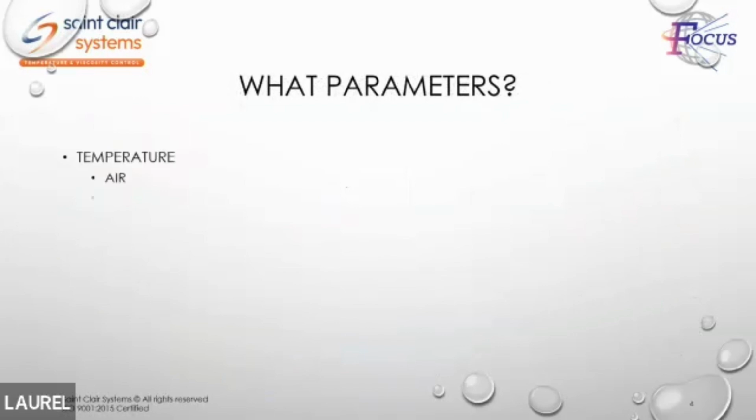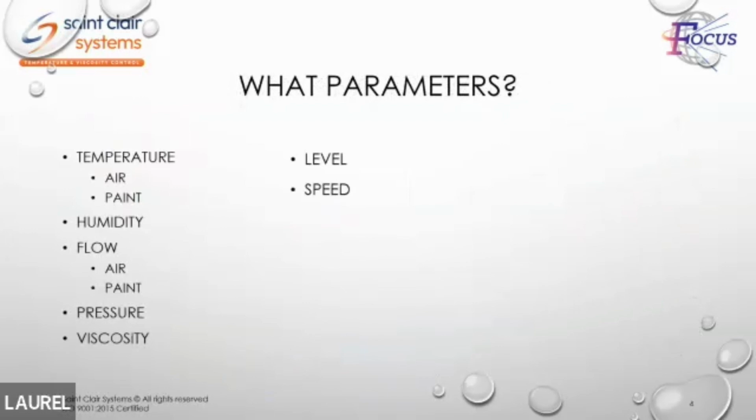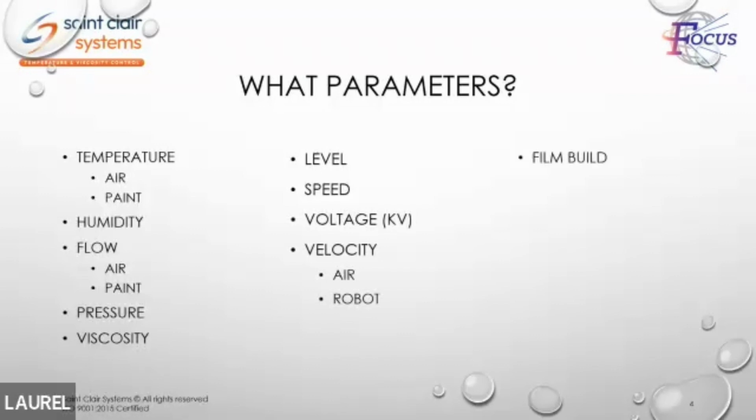So what parameters are we talking about? Well, there's things like temperature of air, of paint, humidity of the air. There's flow of the air and the paint. There is pressure. There's viscosity. There's level, speed, voltage in the case of our electrostatics, velocity, again, of air and of the robot that's laying down our coatings. And then we've got the outcomes that we have to be attentive to.